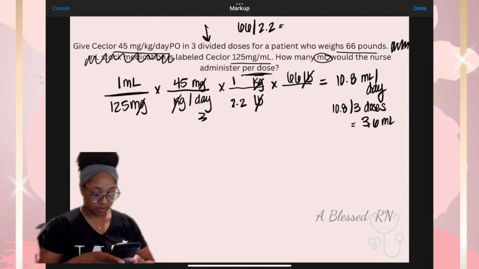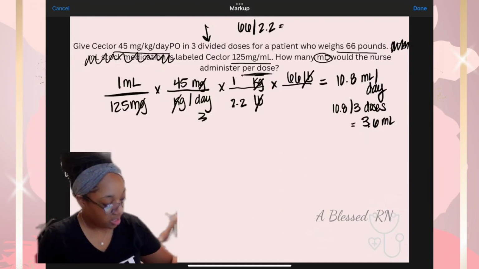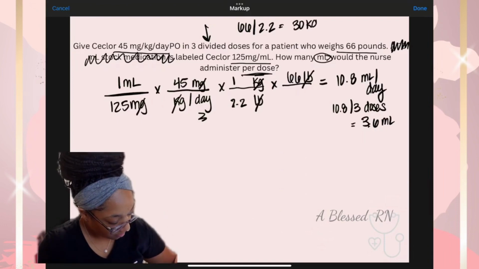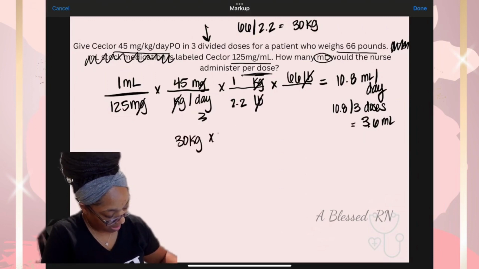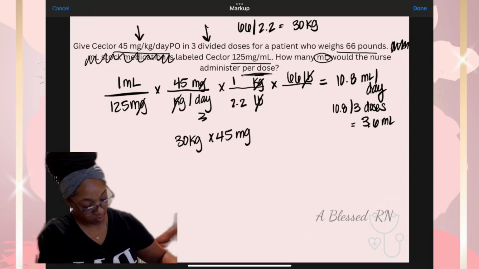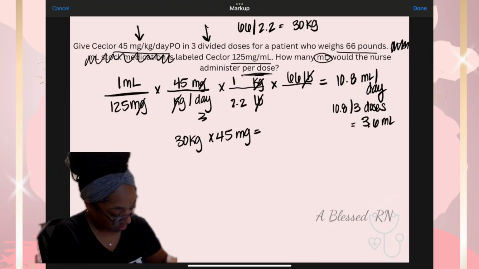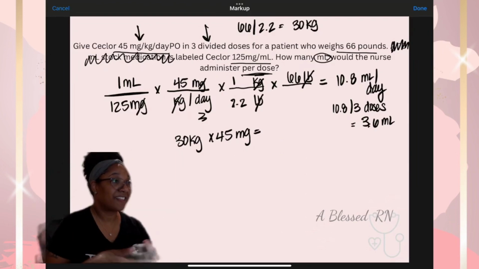So 66 divided by 2.2 is going to be 30 kilograms. You would take your weight and multiply it by 45 milligrams, because this is what the order calls for, and that's going to be per day.